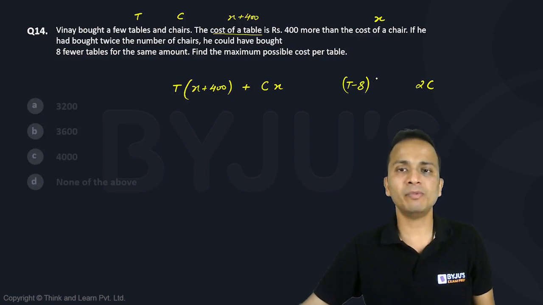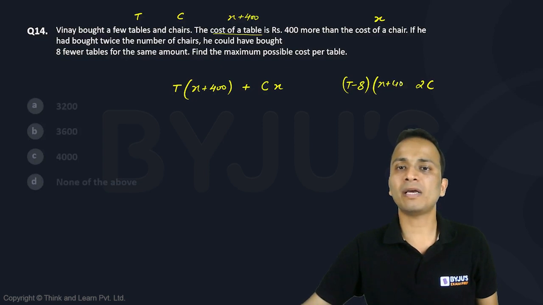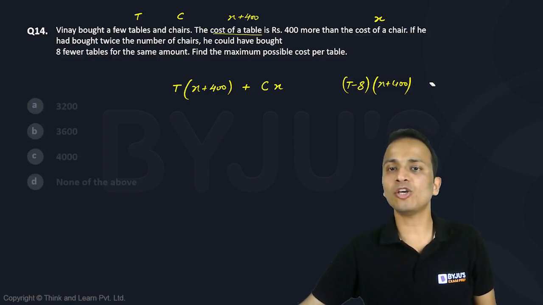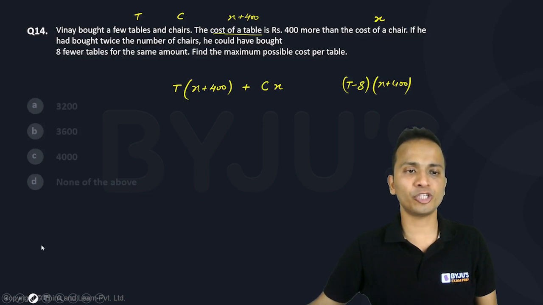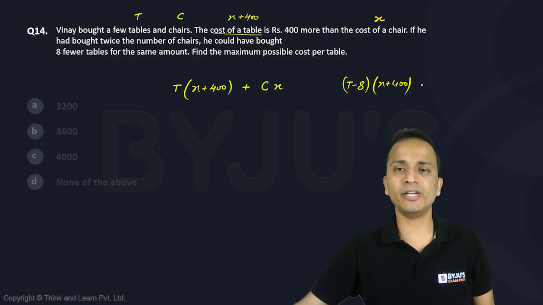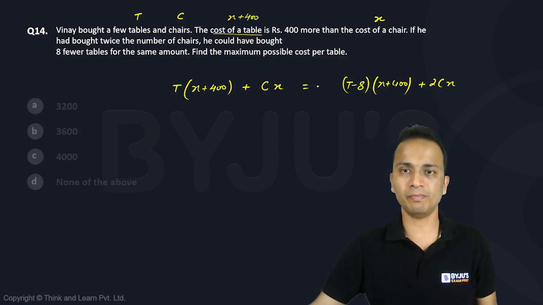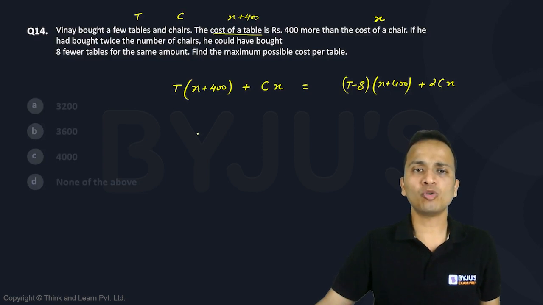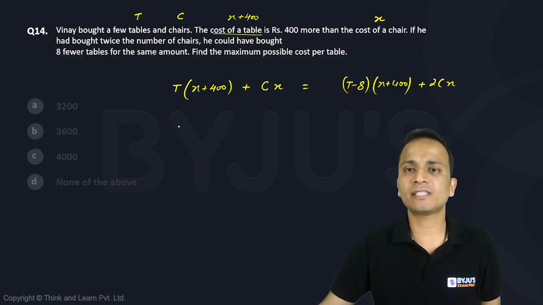So for tables, T minus 8 tables multiplied by X plus 400, plus the number of chairs, 2C, multiplied by X. Okay. So in the second scenario, if he's buying twice the number of chairs, then the number of tables will be reduced by 8 and the amount spent will be the same. I'll equate them.